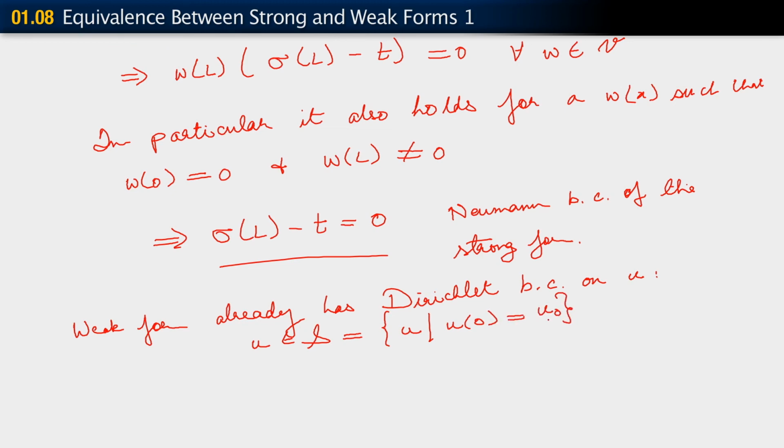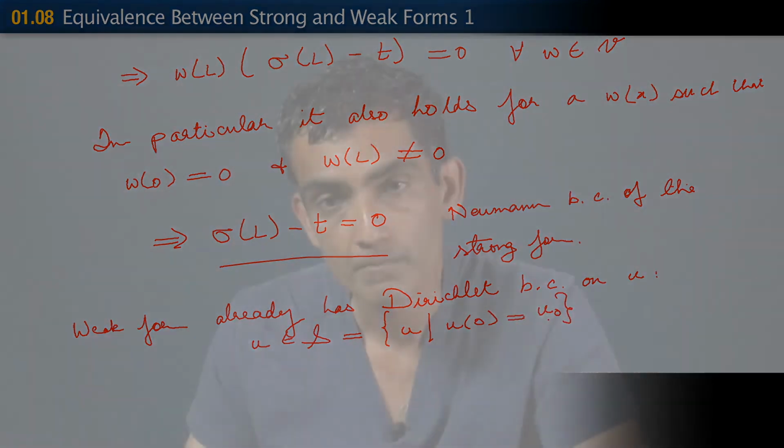Okay, the Dirichlet boundary condition, so to speak, is built into our weak form. Okay, so we've demonstrated that the weak form implies the PDE of the strong form. It implies the Neumann boundary condition of the strong form, and it already contains the Dirichlet boundary condition of the strong form, right? That essentially completes it.